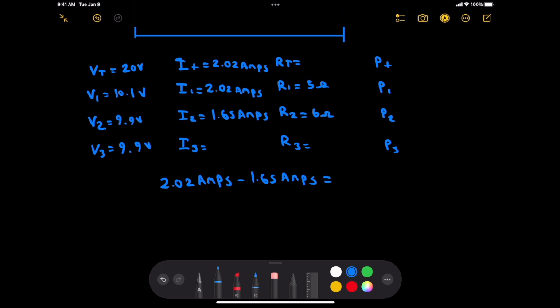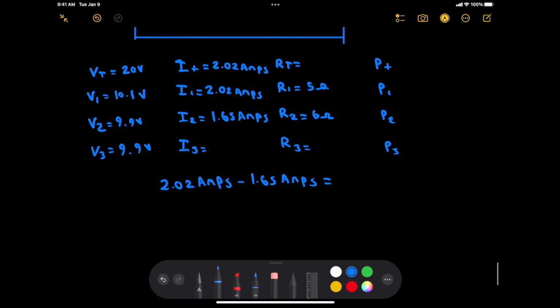That means that the amount of current that can go through I3 is the difference between 2.02 and 1.65. So plugging that in our calculator, we get 0.37 amps, or 370 milliamps.